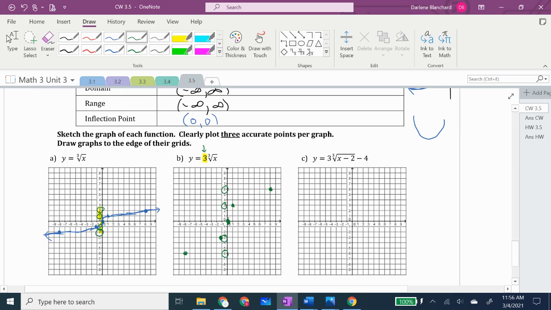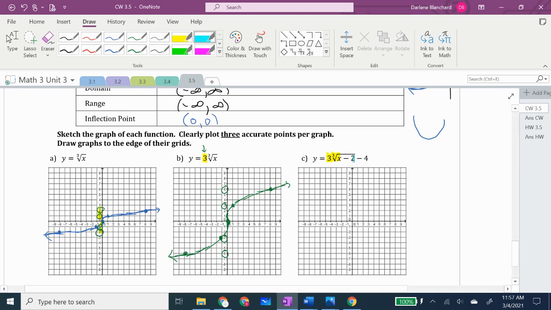And then you want to draw something very steep in the middle. And it's heading sideways. Steep in the middle, heading sideways. The final graph is starting with the cube root of x, the parent, multiplied by 3, already done.